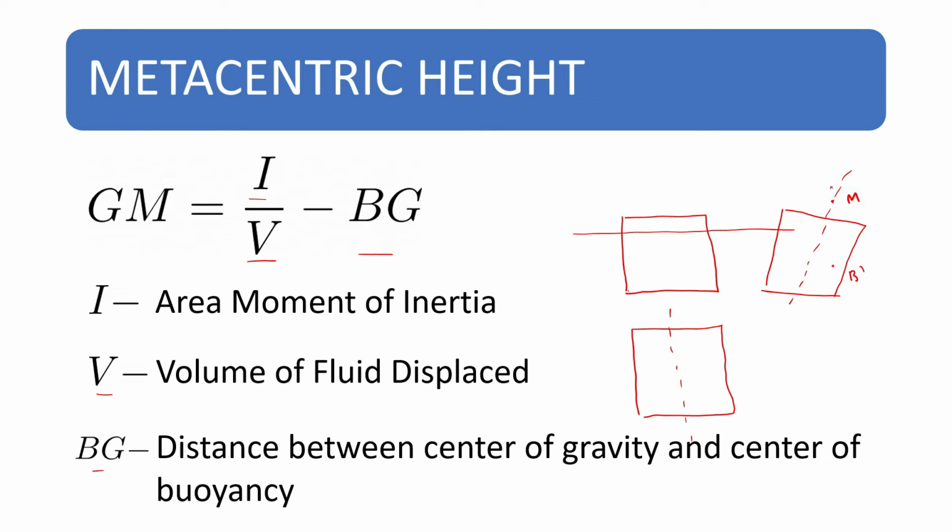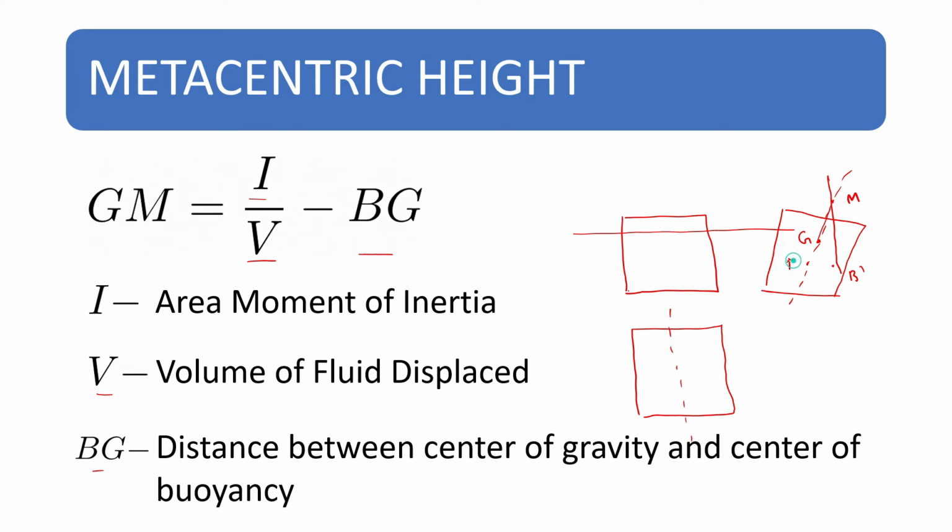This is M. So this is GM, that is the distance between the center of gravity and the metacenter. So GM is equal to I by V minus BG.